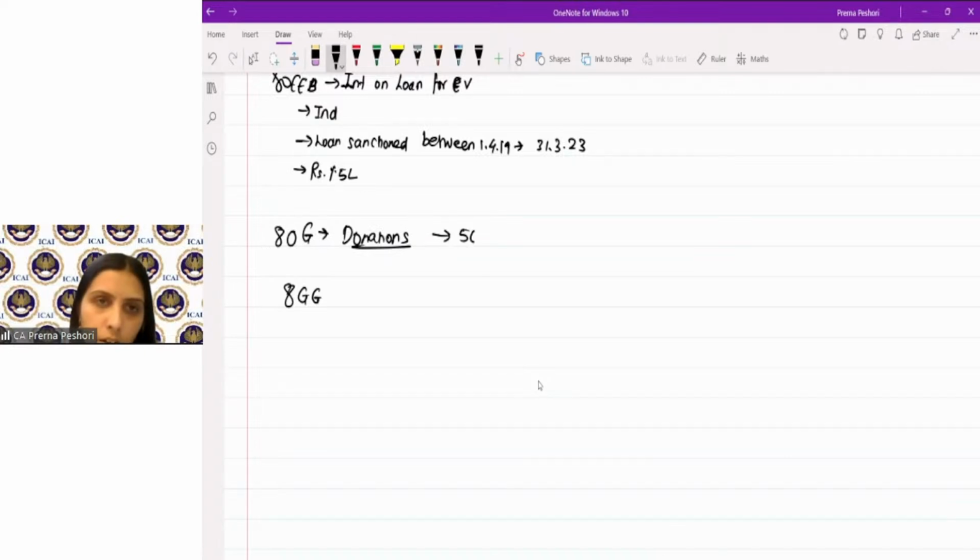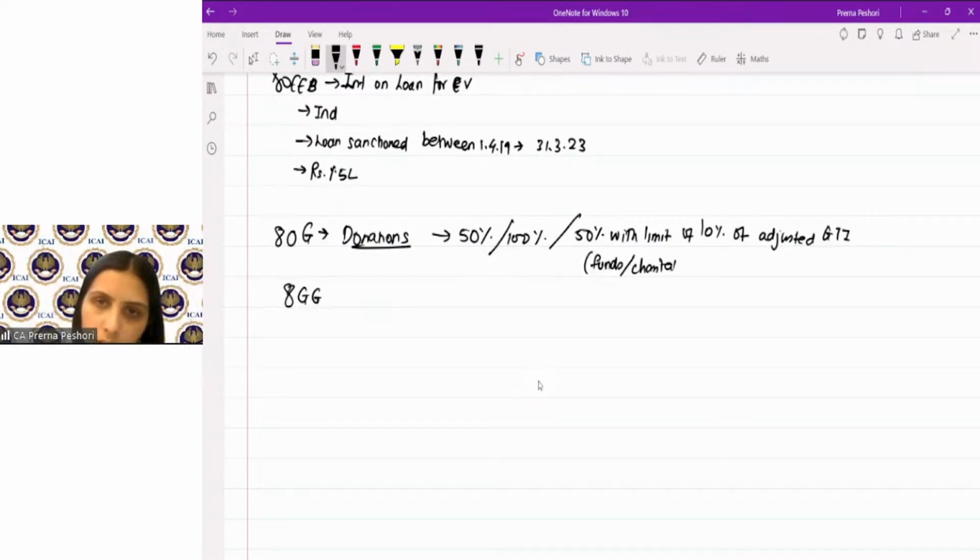Here you can write 50% or 100% or 50% with a limit of 10% of adjusted GTI, for funds or charitable trusts or institutions claiming exemption under section 11 or 12 or 10(23C).